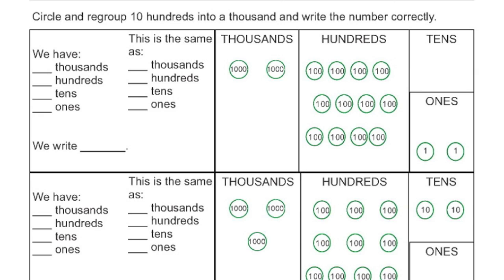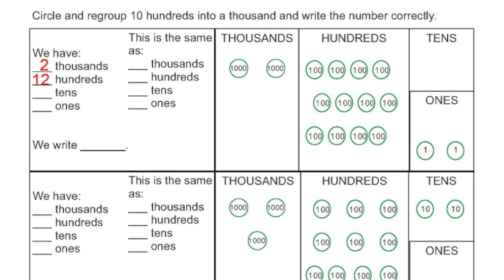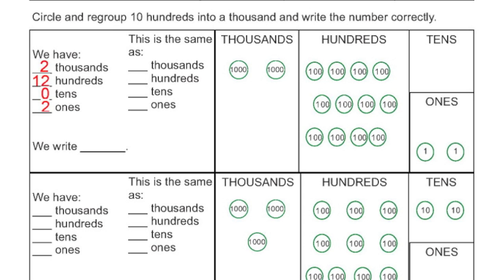So let's move on down now to the first example. I'm going to count what I have again. Looks like I have 2 thousands, 12 hundreds, 0 tens, and 2 ones. So I see again that I can regroup in the hundreds place, but I cannot regroup in the tens or ones because there's not 10 or more.